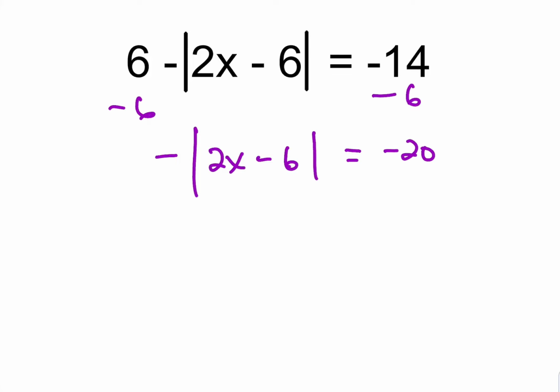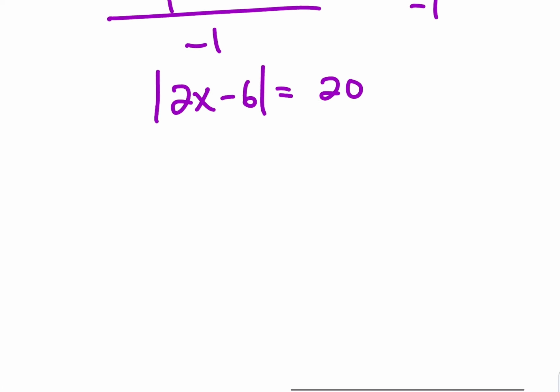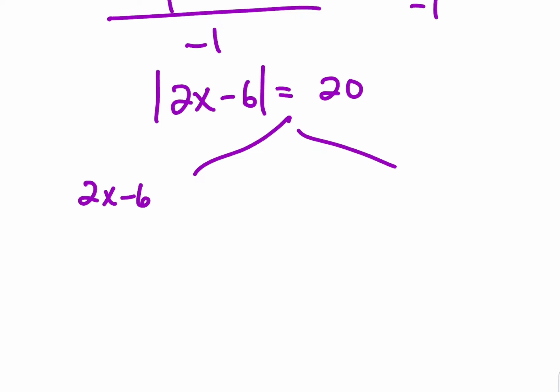And then that negative is really negative 1 times that, so I'm going to divide by negative 2. And I get the absolute value of 2x minus 6 equals 20. And then I'm going to split this up into two separate problems. 2x minus 6 equals 20, and 2x minus 6 equals negative 20.